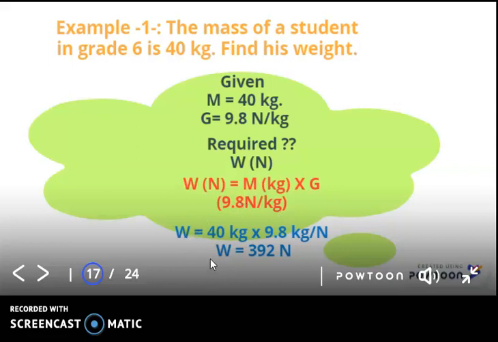What is the mass here in this question? He gave me the mass, it is 40 kilogram. Times 9.8, then you will time 40 times 9.8, it is 392 Newton. Don't forget the unit, my dear. We said that weight is a force that measures the gravity pull. So it is measured in Newton.